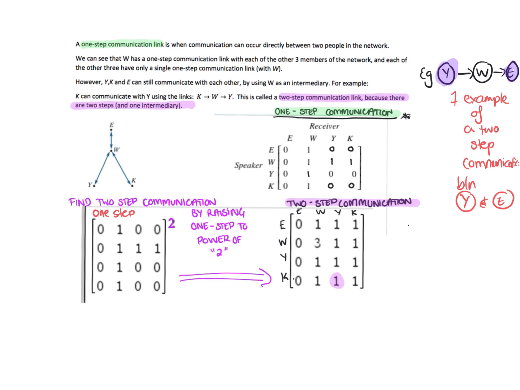So if you go down to Yummy and look at Eva, just in summary, to get the 2-step, we just have to set the 1-step up and square it on our calculator. Sometimes they ask us to combine the 1-step and 2-step, but we'll have a go at some examples.